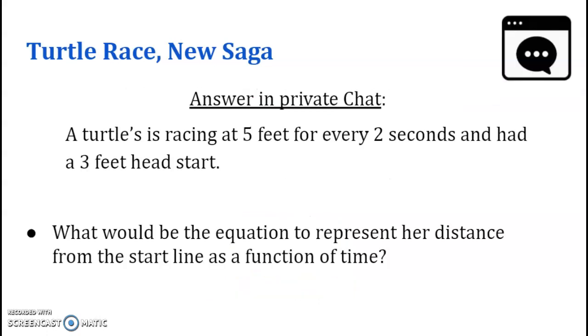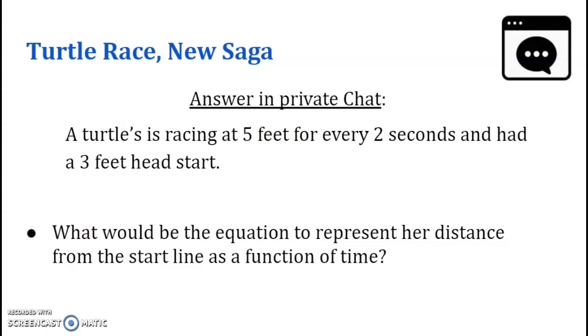This time I want you to try this. We did the same problem, but I want to see what you can remember. A turtle is racing at 5 feet for every 2 seconds and had a 3 feet head start. What would be the equation to represent her distance from the start line as a function of time?